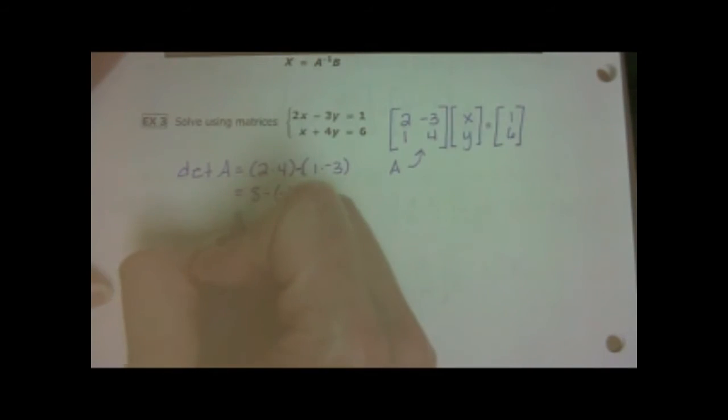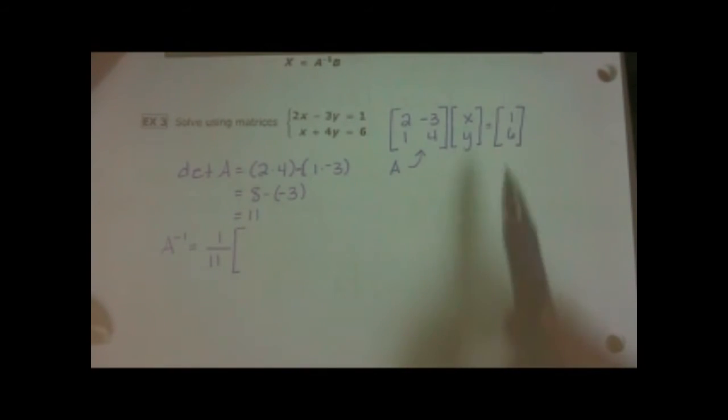So first of all, the determinant of A equals 2 times 4, minus 1 times -3, which is 8 minus -3, which is 8 plus 3, which is 11. All right, so here's what I've got.